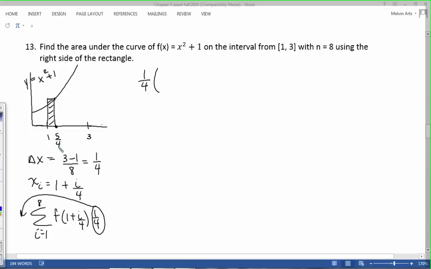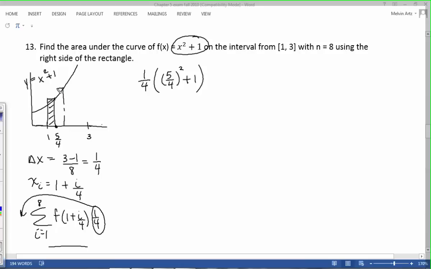And you can see, using our Riemann sum, if we plugged in 1 for i, we'd get 1 plus 1/4, which gives us that value to plug into our function. So we would get our 5/4. Now, if we plug 5/4 into our function, it would be 5/4 squared plus 1. That would be the area of the first rectangle.